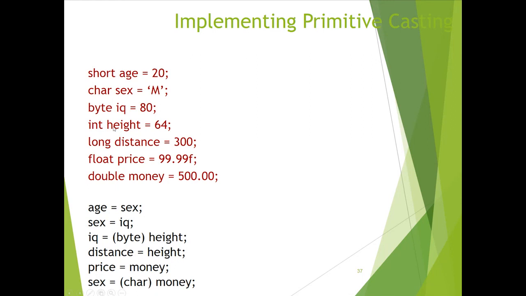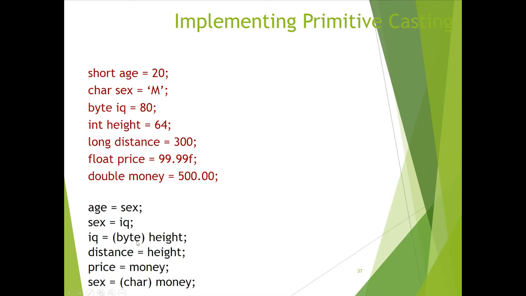Okay, so most probably this will not really work. You cannot give a value of an integer into a byte. But what you can do is to cast them. Ibig sabihin, you place the casting symbol and then the data type that you want to use, and then it will now give the value of height to IQ in byte data type format.